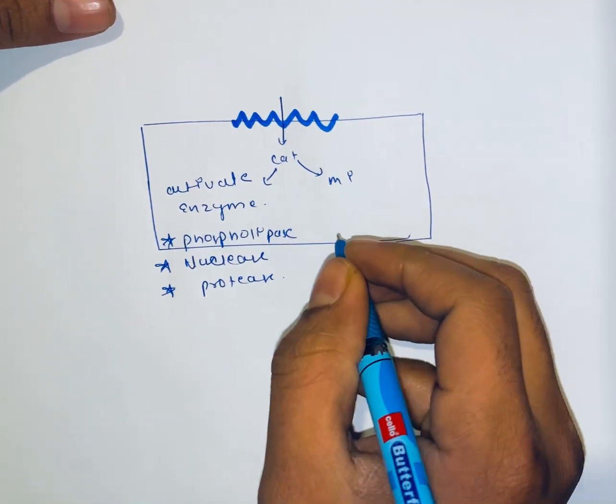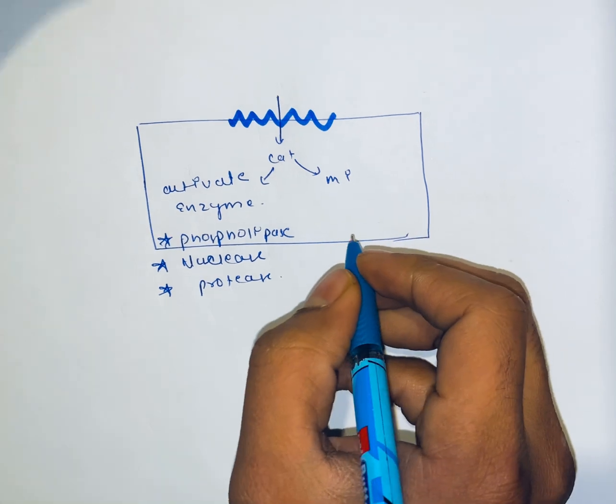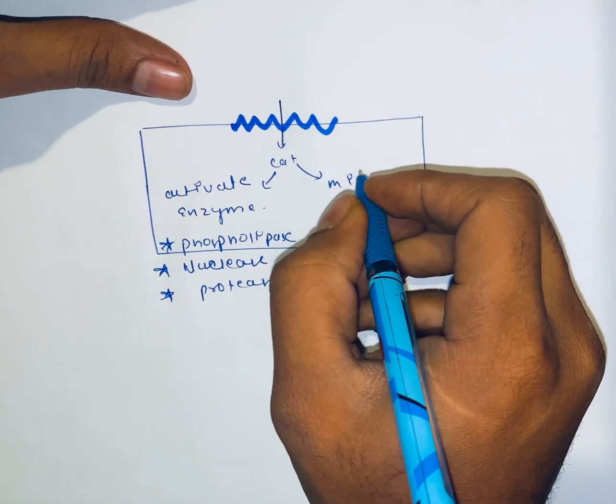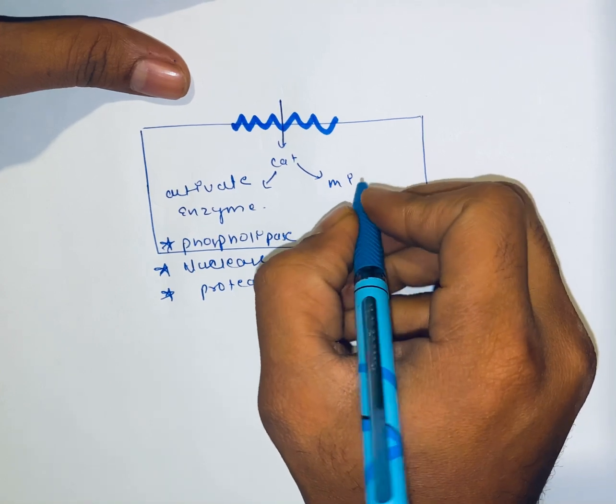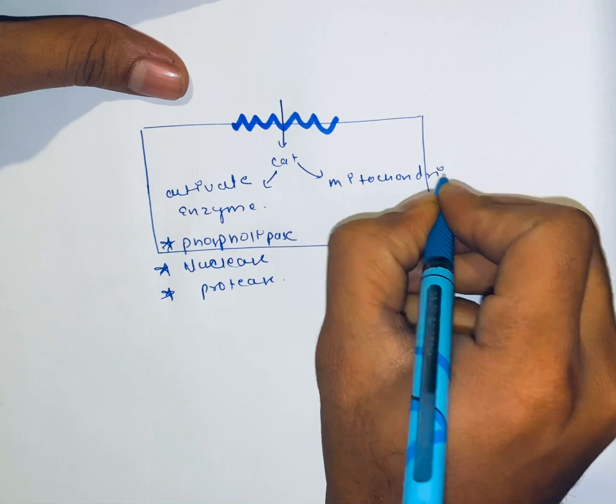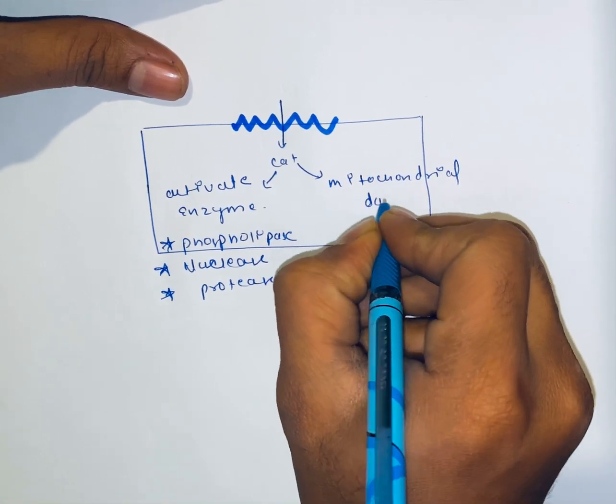The trick of the chapter is mitochondria. Wherever anything happens in cell injury, it will cause mitochondrial dysfunction.